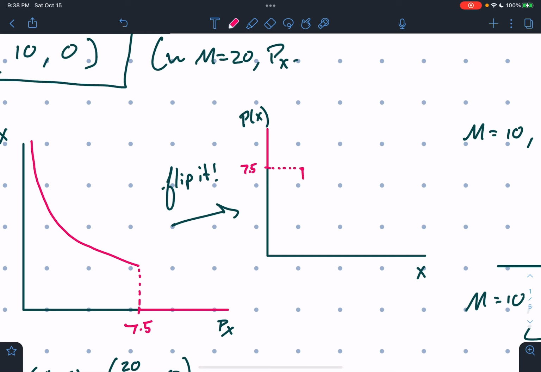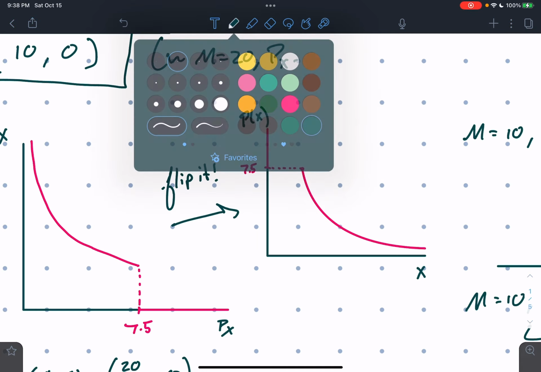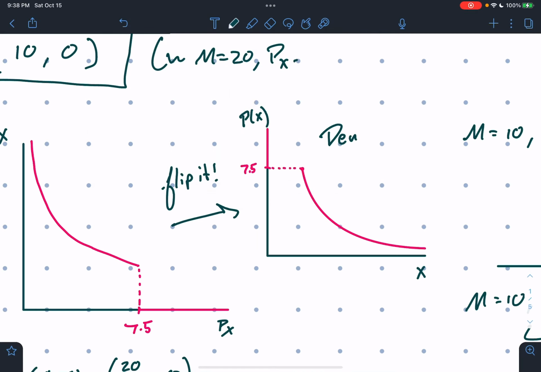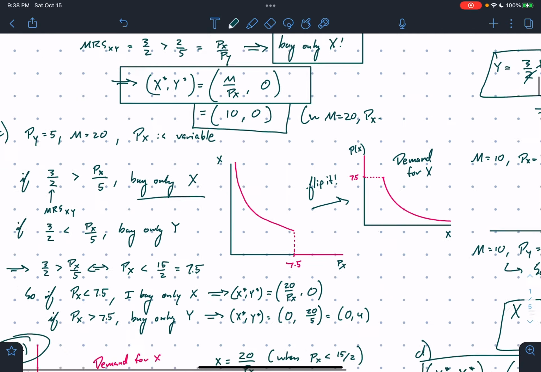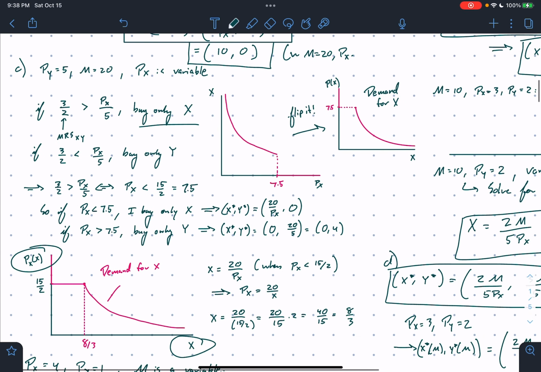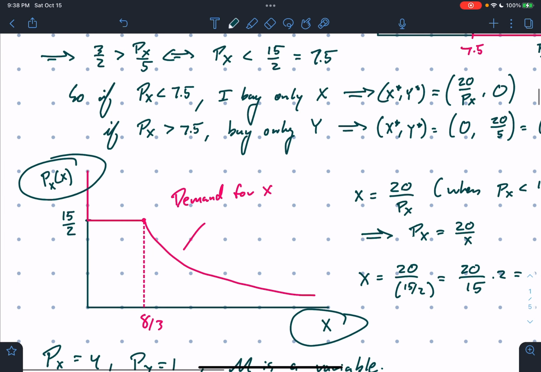And then as the price of x goes down, the amount of x I buy increases. So this is my demand for x. Yeah, so I plotted it down here.